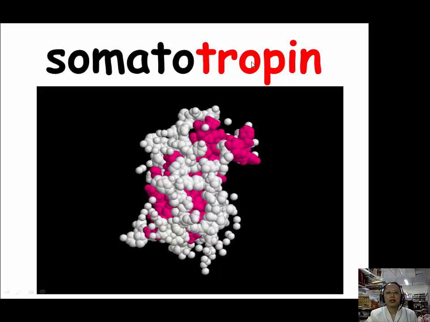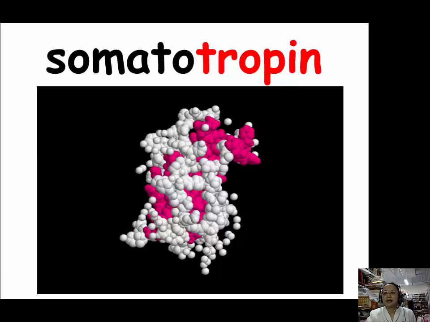For tropin, our example is somatotropin. Somatotropin, as shown in this picture, is a polypeptide growth hormone produced by the human pituitary gland, consisting of 191 amino acids.